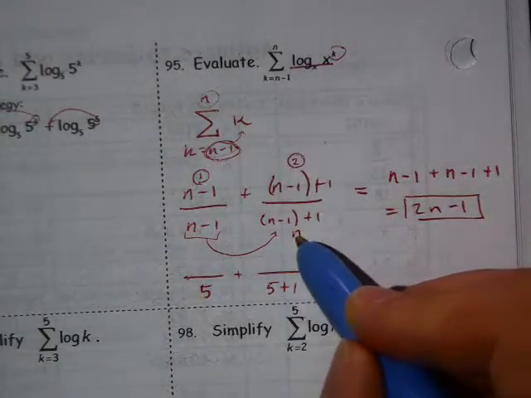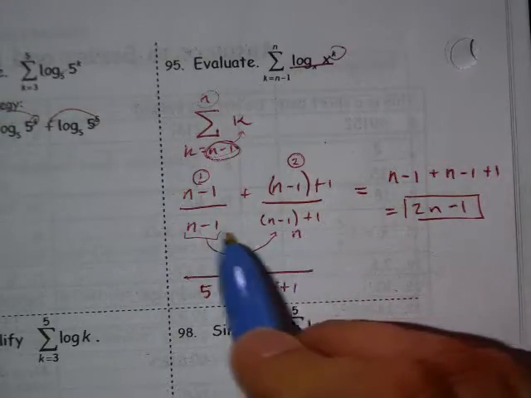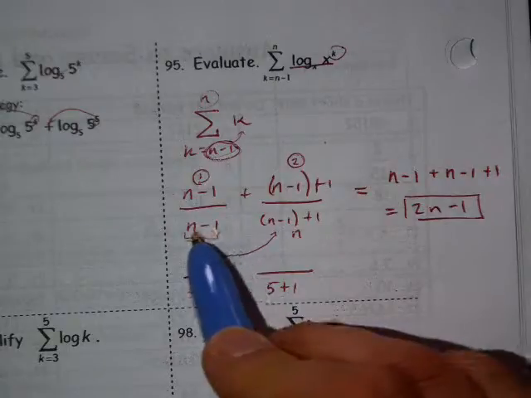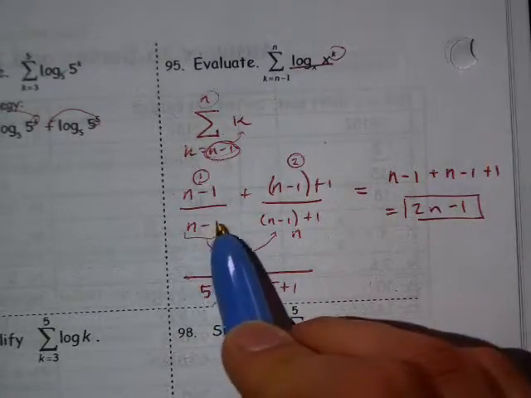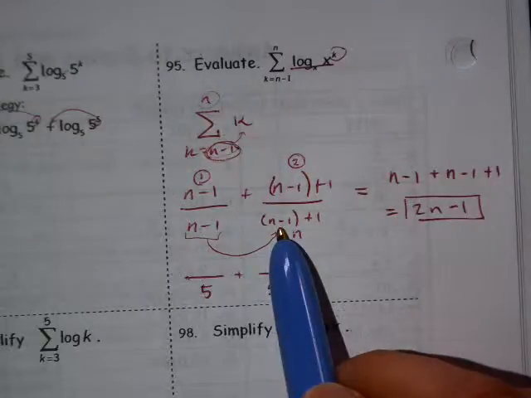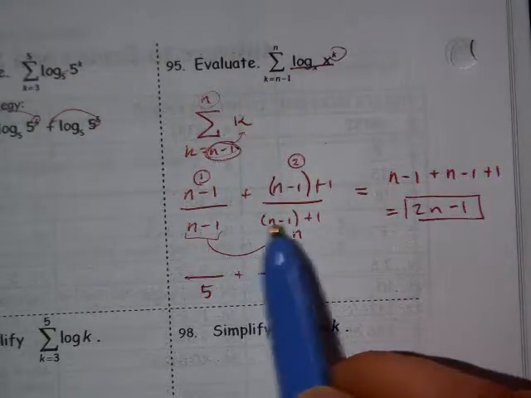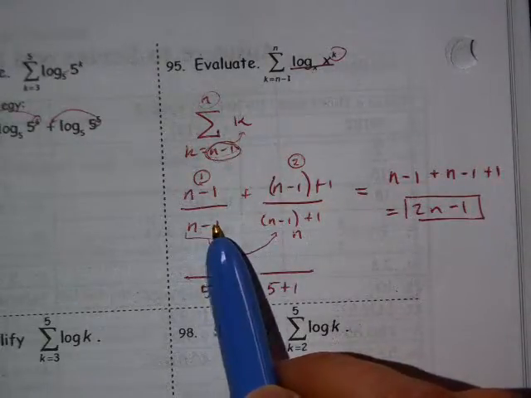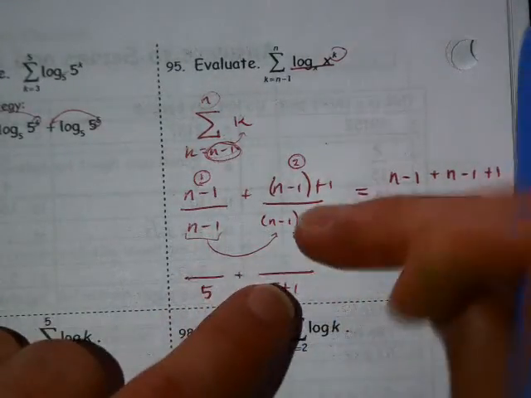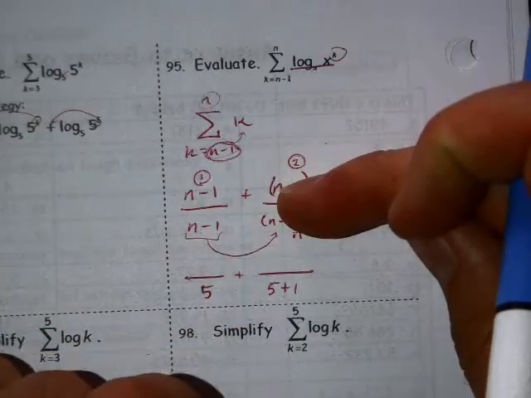When we had n minus 1, the next blank is one more than the previous blank. So you could have just said n minus 1 followed by n, but I wanted to show why minus 1 plus 1 just turns it into the n.